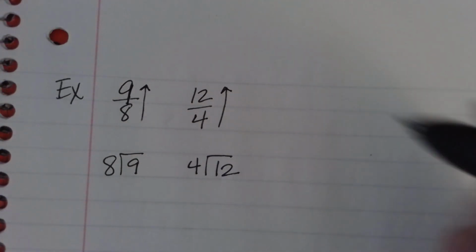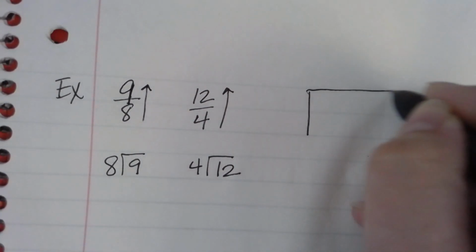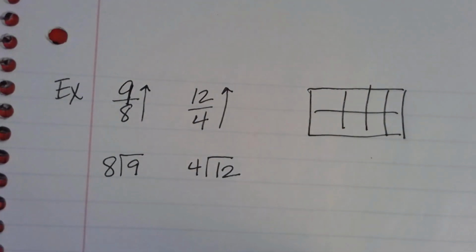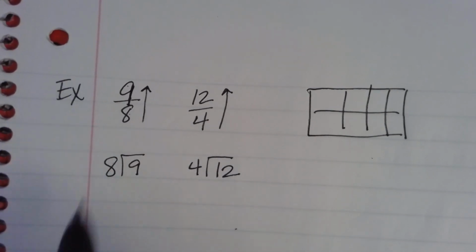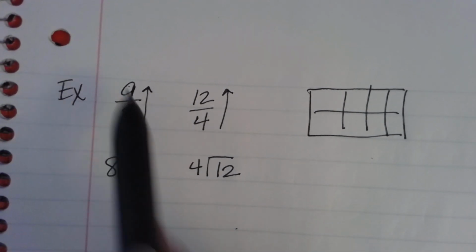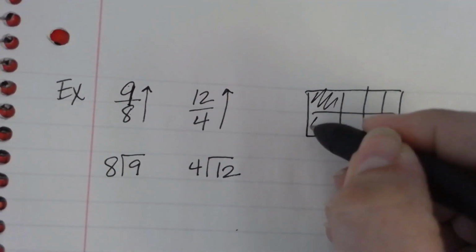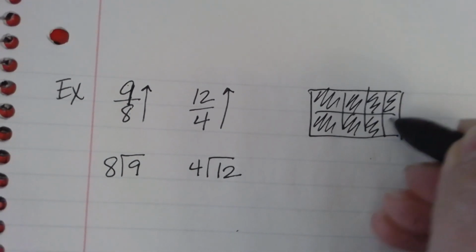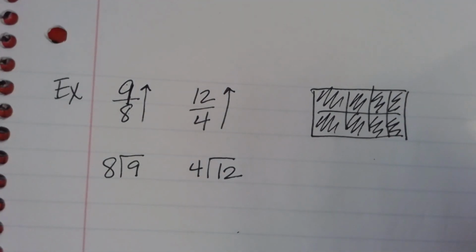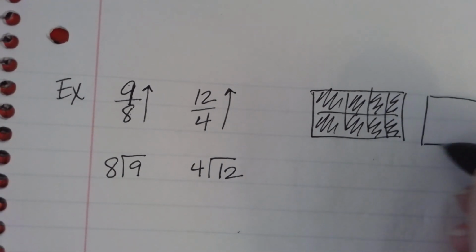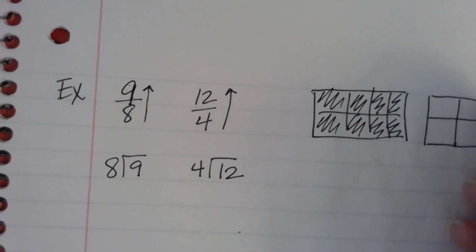8. You're right. So it would look something like this. You do not have to draw this picture. It says that I have 9 over 8. So if I have 9 pieces, I need to shade in 1, 2, 3, 4, 5, 6, 7, 8 pieces, but I don't have enough. So I'm going to make myself another cake here. It will also need 8 pieces.